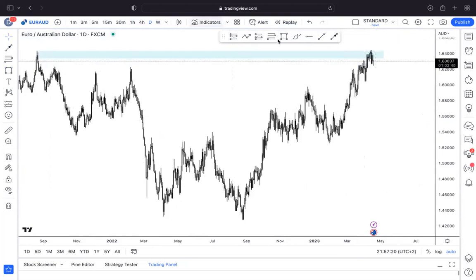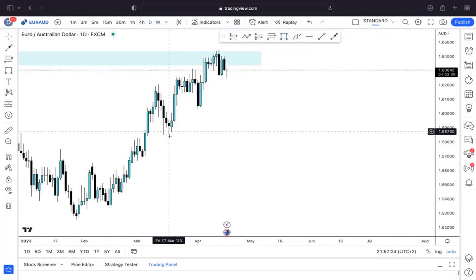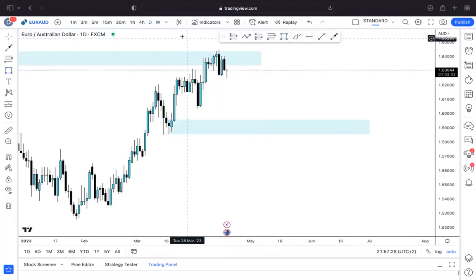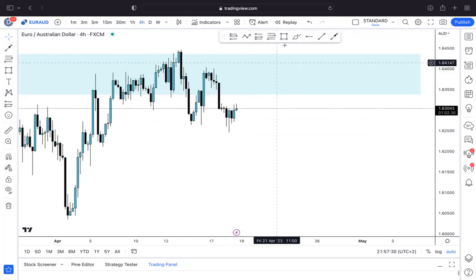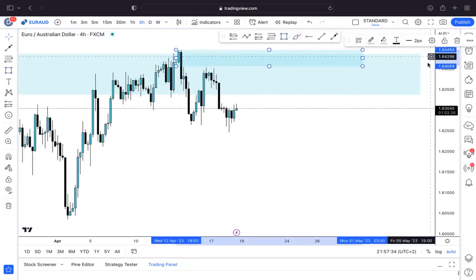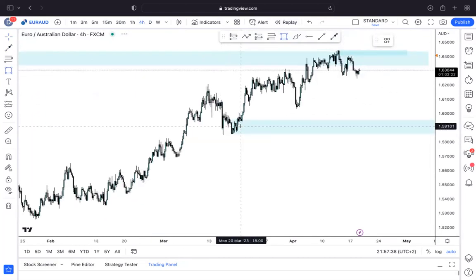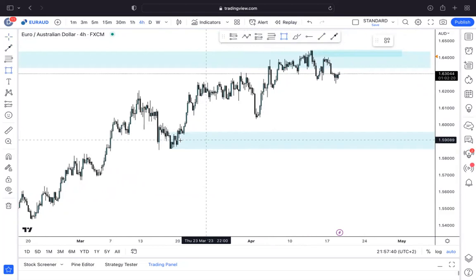Spot on. And then here's an order block on the daily. Let's see the 4 hour. There you go. It's a nice one here. Definitely sell from there. And I would definitely buy from this one at the bottom.